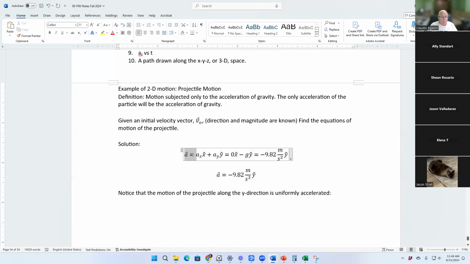I'm going to put it equal to a sub y, because a sub x is equal to 0. And I have to change this one as well. The y-axis is uniformly accelerated.